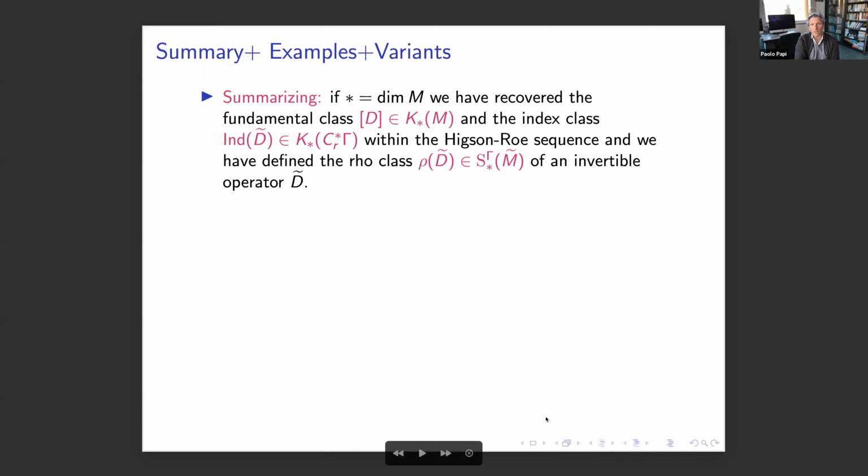Okay. So are there questions on this? This is the summary of what I've done so far. Three fundamental invariants. Questions?